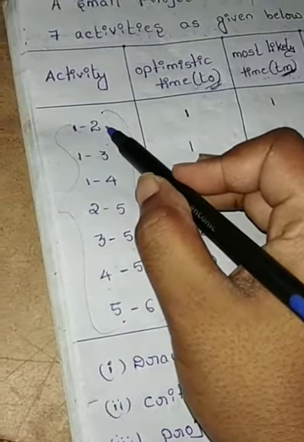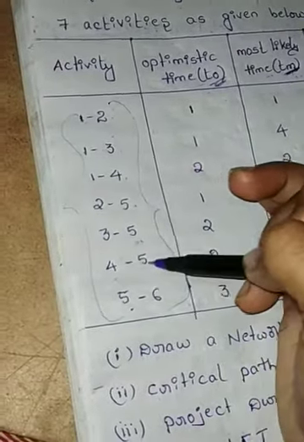For the least finishing values: L2, L3, L4, L5, L5, L5, L6.